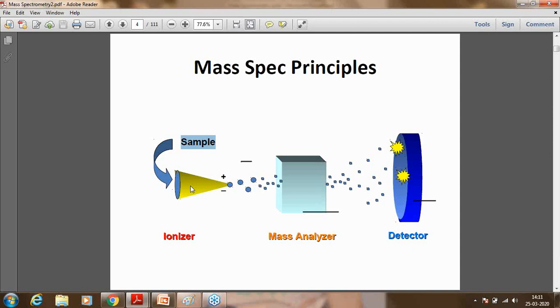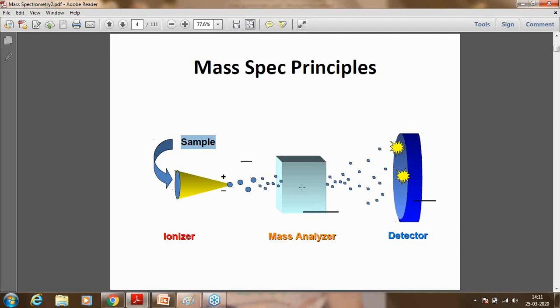But in the majority of cases, the fragment will have the positive charge. So this neutral sample will convert into ionizing species or ionizing fragments, right? Now, these ionizing species will move to the mass analyzer.